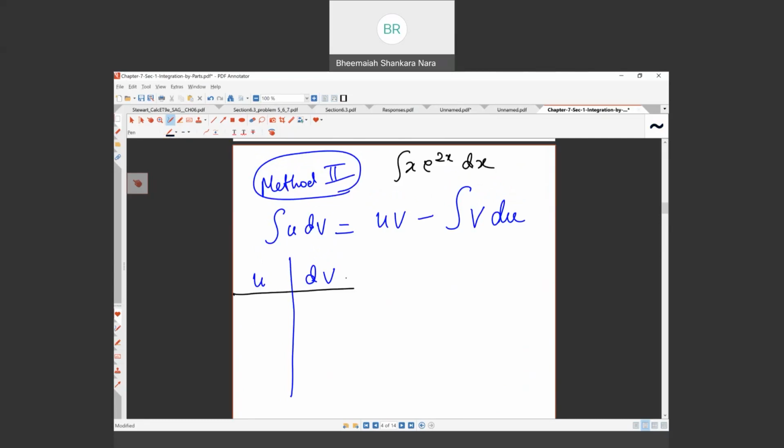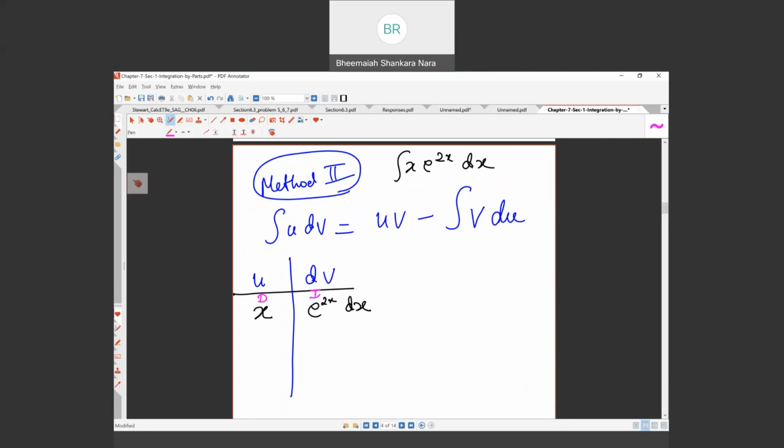So the first function is u, which means we assume it to be x. The second function, the integral function, is e to the 2x dx. So let me write d here, d for differentiating. You will differentiate the first function. I for integration. You will integrate the second function.